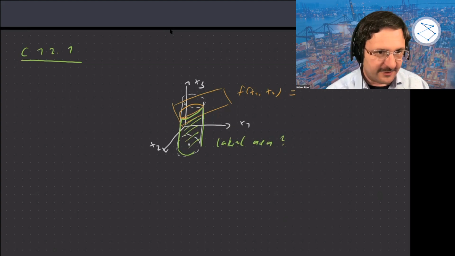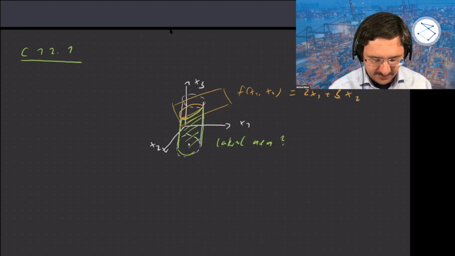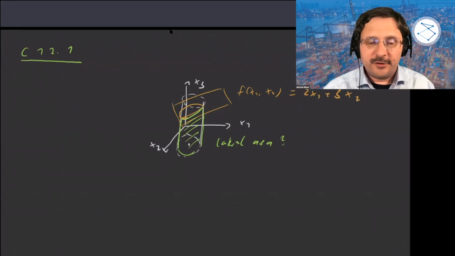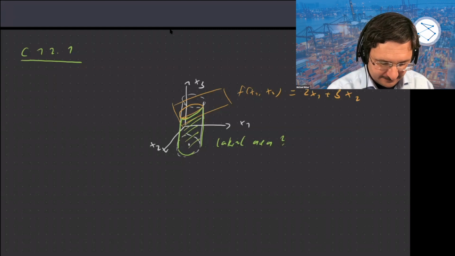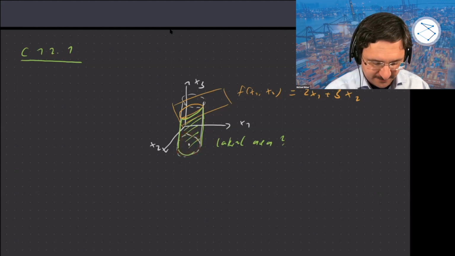And again, f is the function 2x1 plus 3x2. So what we have to do basically is we consider this line here in the plane, in the x1, x2 plane.